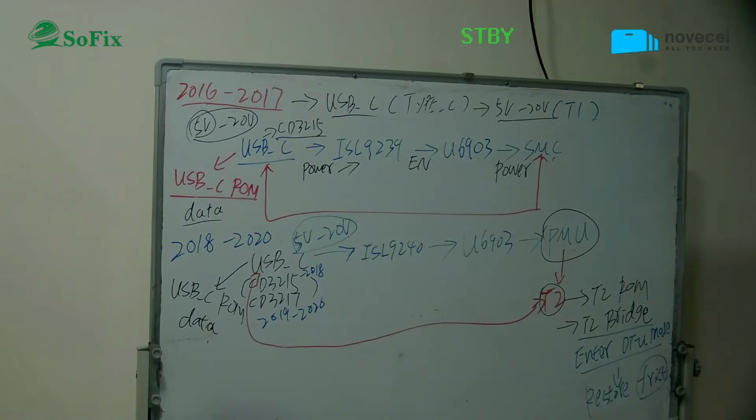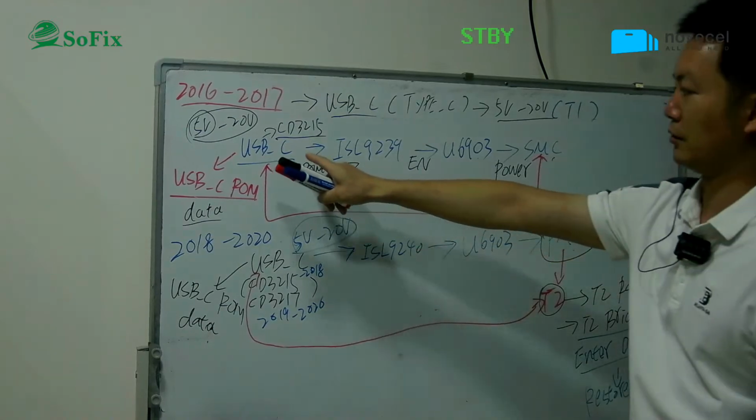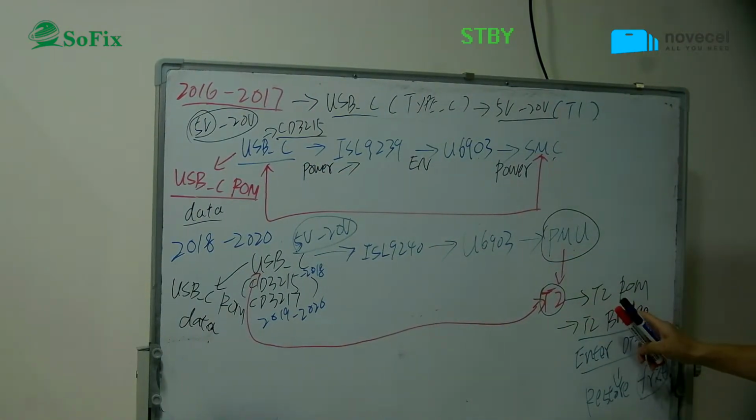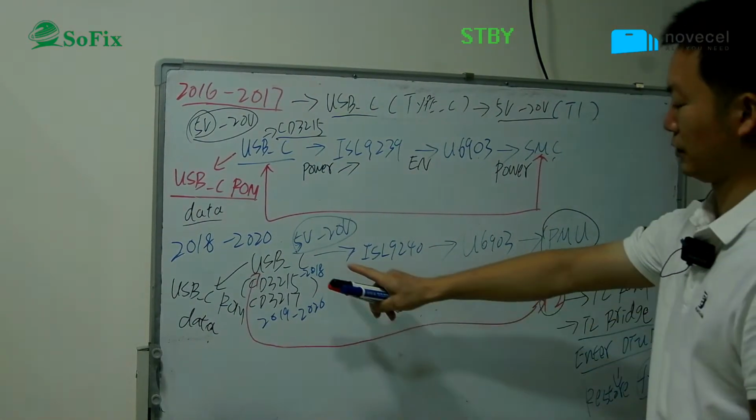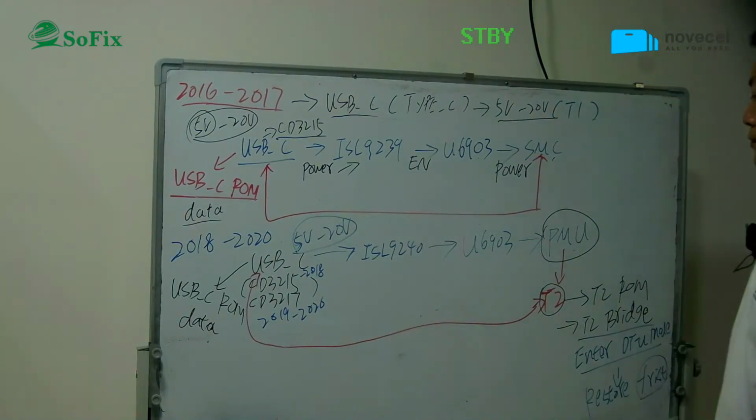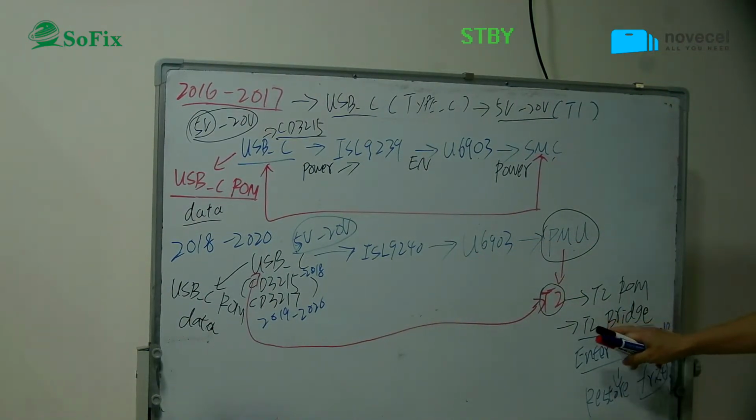So this is about the T2 model, different socket. T1 has no T2 bridge OS, just the SMC controls the USB-C. But in the T2 model, the T2 controls the USB-C chip, and also here is the T2 bridge OS.